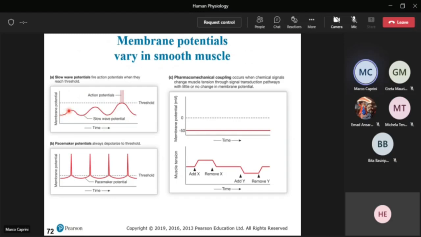If this is the membrane potential of a smooth muscle cell, only when the cell reaches the threshold, the minus 55 millivolts that we have analyzed for neurons, only in this case does the muscle fire an action potential. And then if the muscle fires an action potential, the muscle can contract because calcium moves inside of the cell during the action potential.